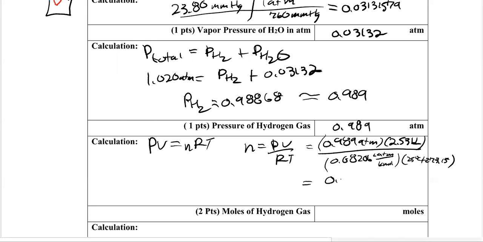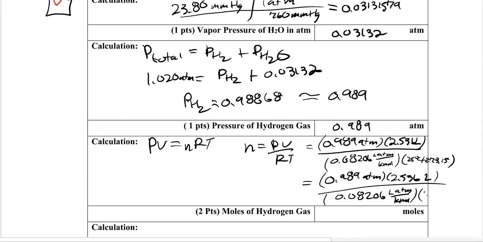So this becomes 0.989 ATM, 2.536 liters, 0.08206 liters atmosphere per K mole, and 298.15 Kelvin.